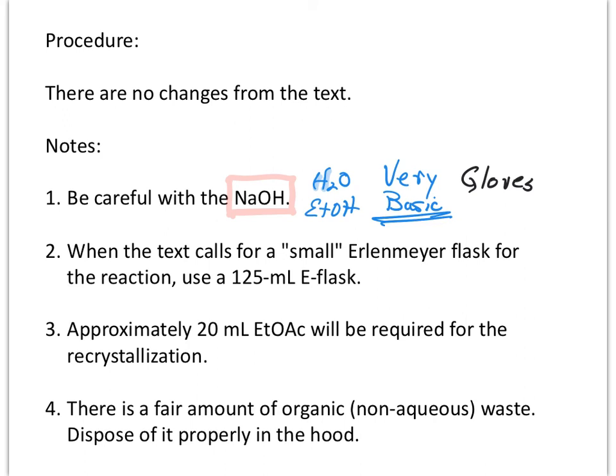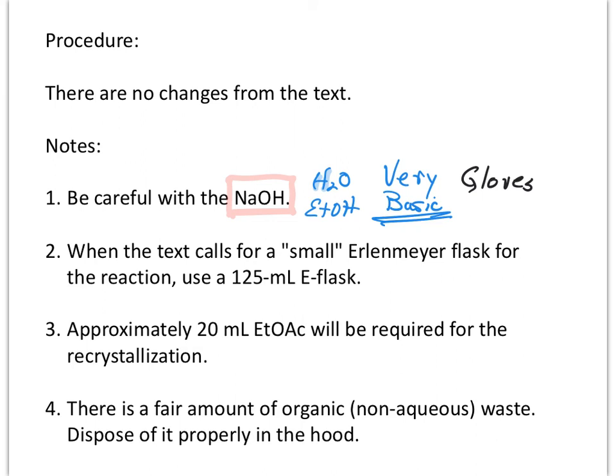Just go to the sink, run copious amounts of water over your hands. Just let it run for 15 or 20 minutes while you're having a calm conversation with whoever is around. It's not something that would cause a panic, but if you do feel like you got base on your skin, just make sure you run enough water to pull whatever base might have leached down into the layers of your skin out of your skin.